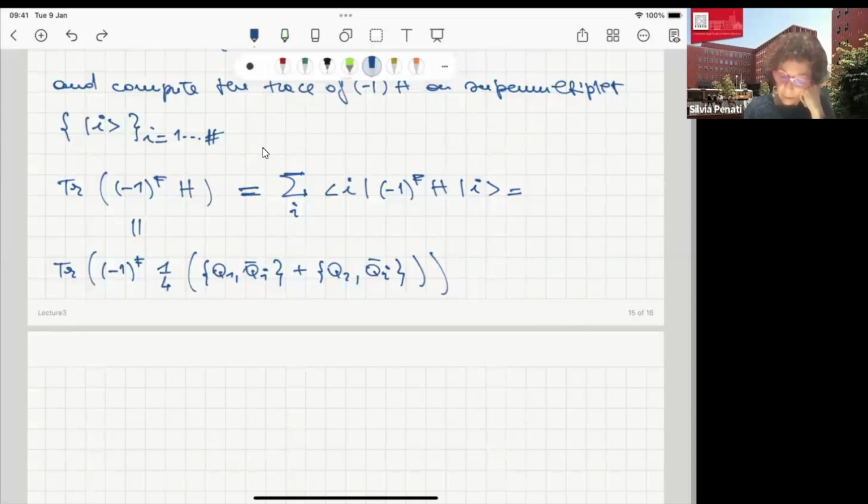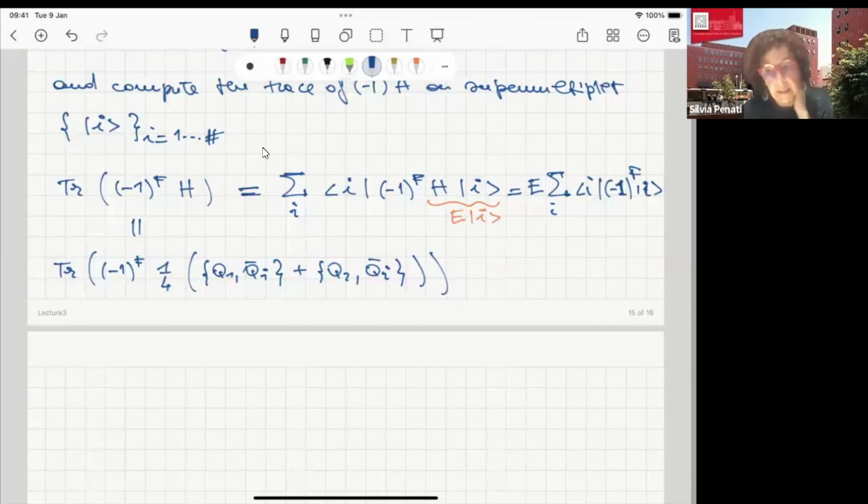The action of H on the state can be written as the common energy of the multiplet times the state. And this is just an eigenvalue that I can move out. So this will be equal to the energy times the sum of (-1)^F. However, (-1)^F will be 1 when the state is bosonic, and it will be -1 when the state is fermionic.